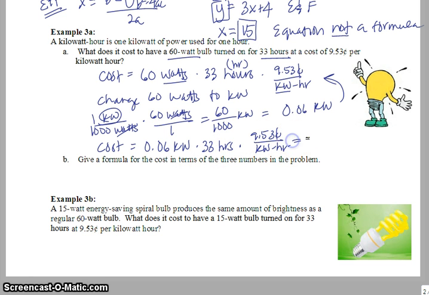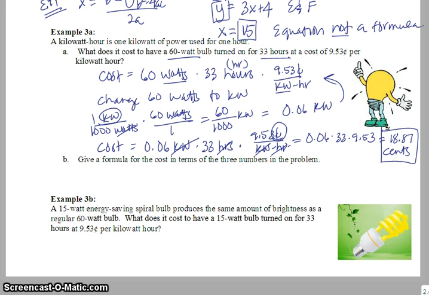So if we do the multiplication, we have 0.06 times 33 times 9.53. If we cancel out our units, the kilowatts are going to go away, the hours are going to go away, and we're going to be left with cents. That's how we know our units. And we should get 18.87 cents. That would be our answer.